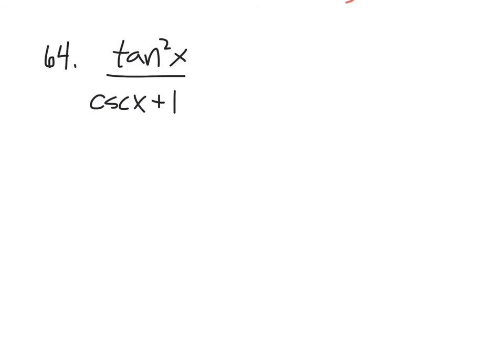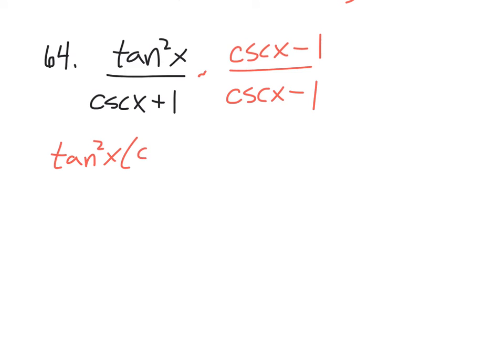I know that if I multiply by the conjugate again, I'm going to get a Pythagorean identity in the denominator. I'm not going to write it all the way out this time. So we're going to have tangent squared of x times that, and then in the denominator we'll have cosecant squared of x minus 1.